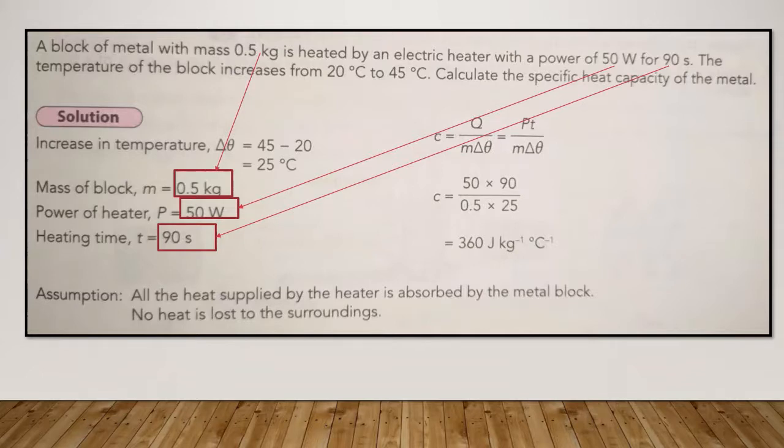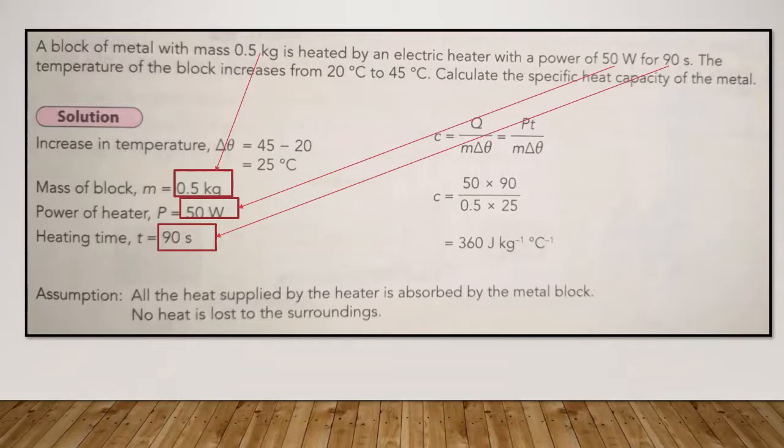Kemudian kamu boleh menulis formula yang sesuai dan terus masukkan nilai. Pastikan nilai itu dalam SI unit yang betul, especially for mass. Please remember the SI unit for mass is kilogram, dalam kilogram, bukannya dalam gram.